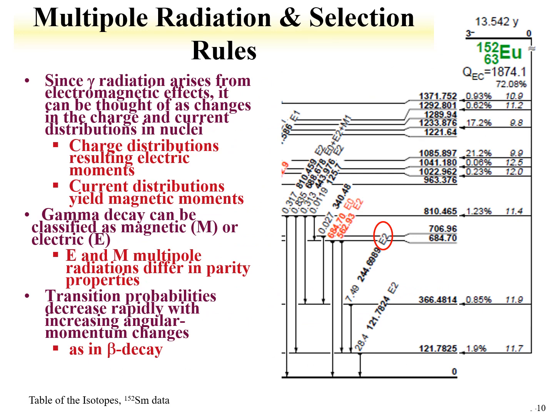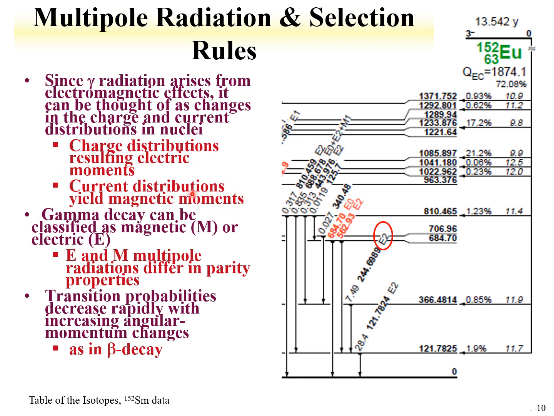Similar to what we described with alpha decay, and particularly with beta decay, there are selection rules for gamma decay. These selection rules can be based upon electromagnetic forces. Since the photon radiation arises from electromagnetic effects, it can be thought of as a change in the charge and current distribution in the nucleus. We can talk about these distributions in terms of electric moments if there's a change in the charge distribution, or a magnetic moment if there's a change in current.